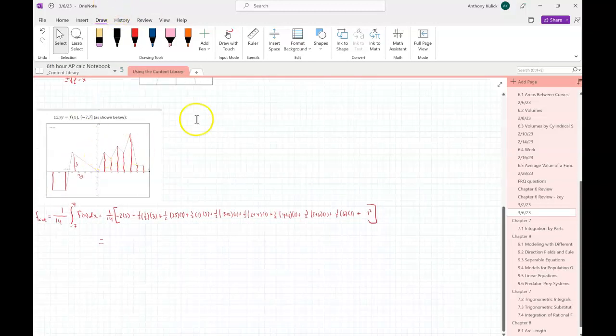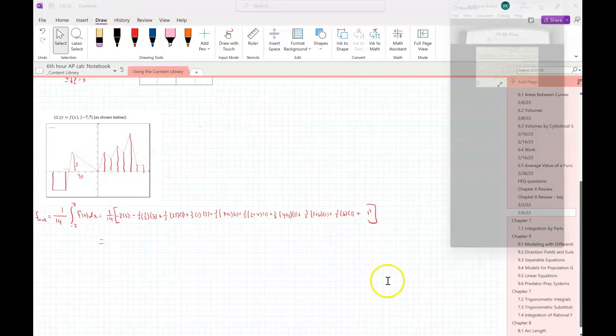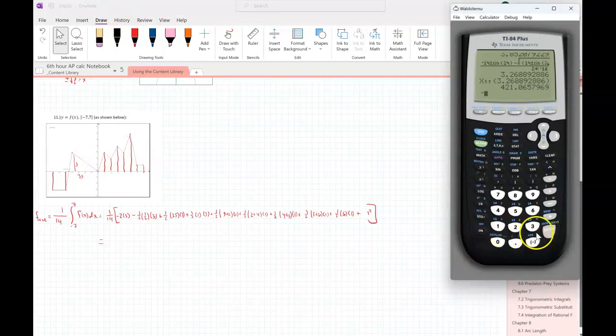So I just go ahead and compute that out, whatever that comes out to be.